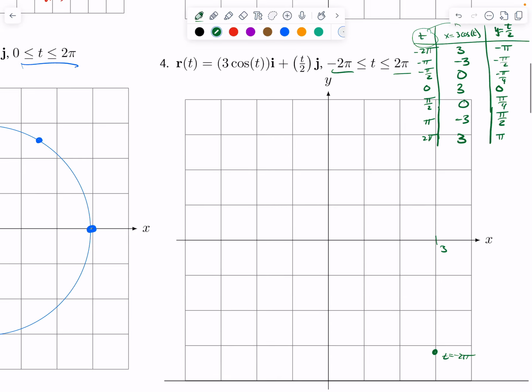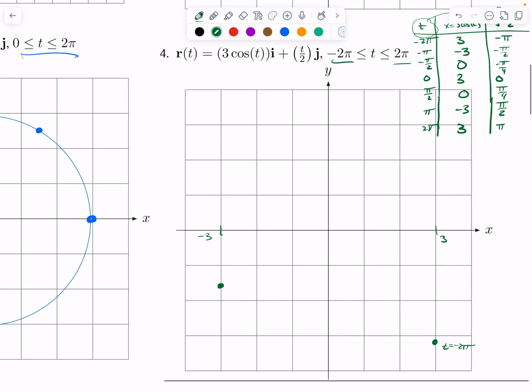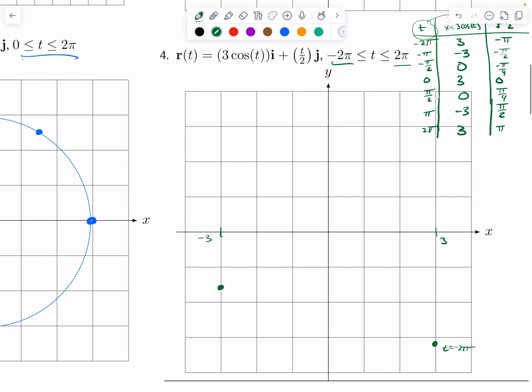Then we have negative 3 and negative pi over 2. So that's right, negative 3. So we're back here somewhere. And then negative pi over 4 and 0. And then here, I'll just do my best.